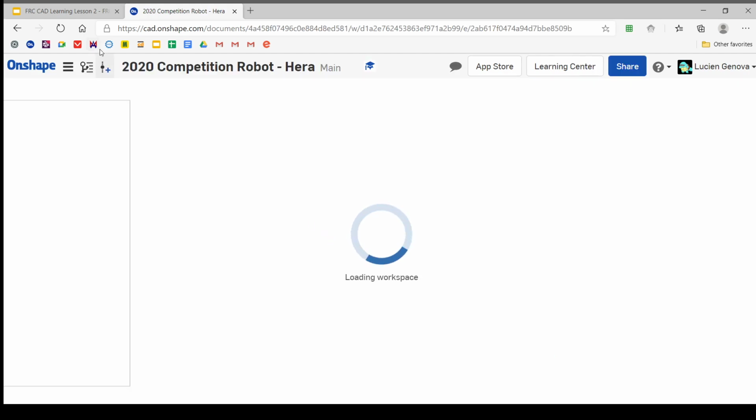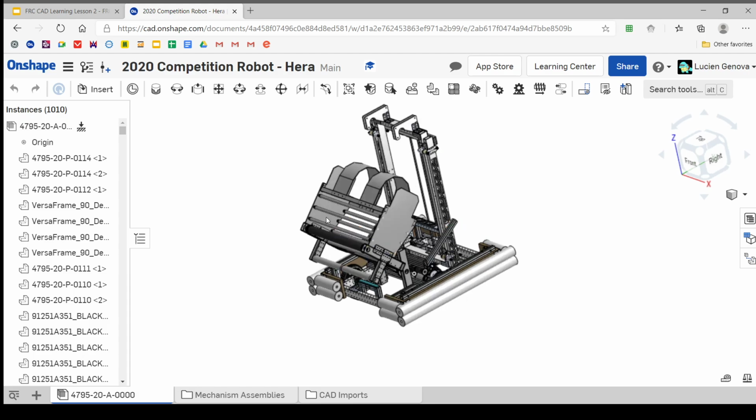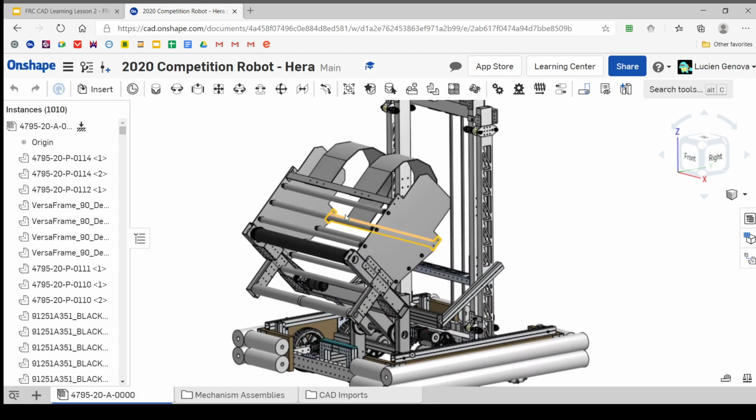So we've got 4 main categories of parts here. We've got raw materials, we've got moving parts, we've got actuators, which move moving parts, and we've got hardware, which holds everything together, basically. And Onshape's taking a second to load because my internet's a little bit slow, but now we've got it. We've got a loaded mechanism here.